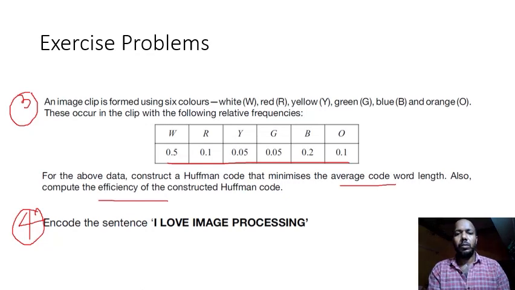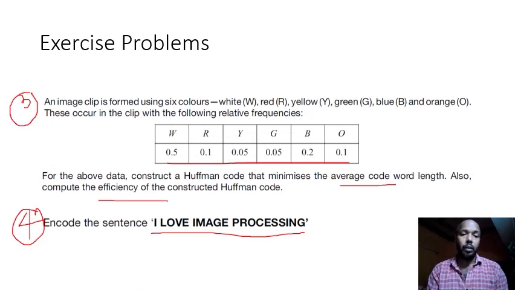The sentence to read is: I love image processing. There are some characters in it. Here the message or symbol is the characters. Each English letter is our message or symbol. So here you have to group the letters.